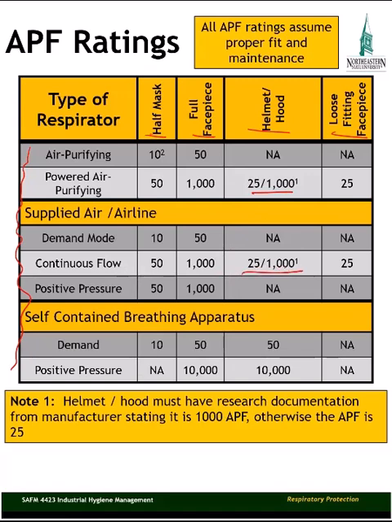That means that you have to have research documentation from the manufacturer before you can call it a 1000 APF respirator. In most instances, it's going to be a 25 APF respirator. Now, the best you can do with any loose-fitting face piece is 25.